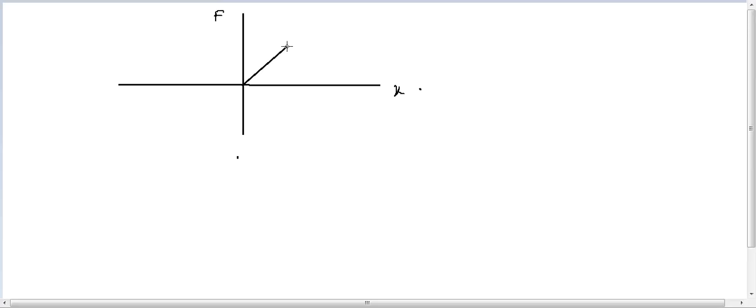Now, this is 4 Newton, this is 2 meter, this is 4, this is 5, this is 3.